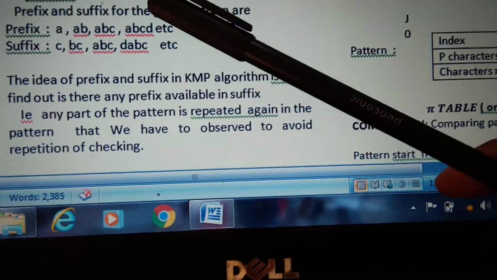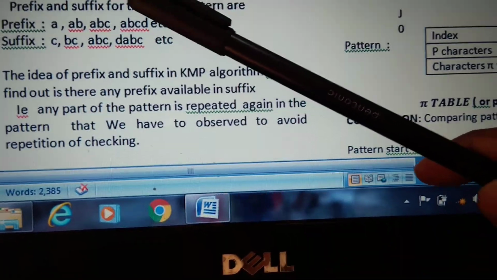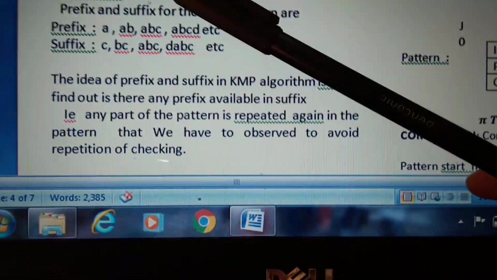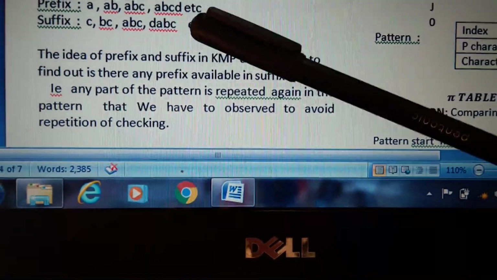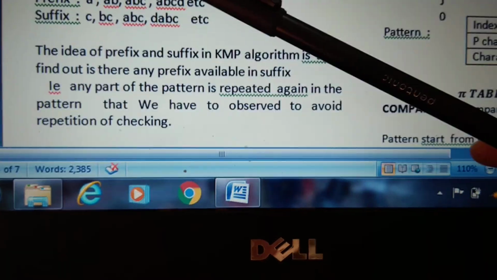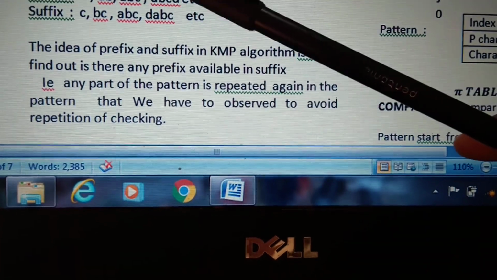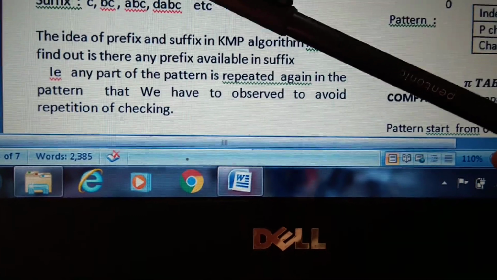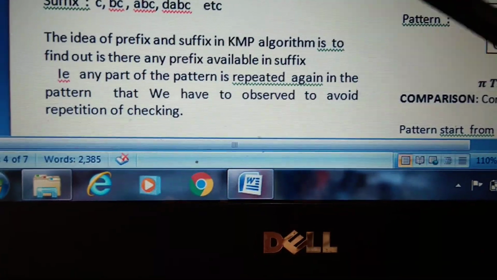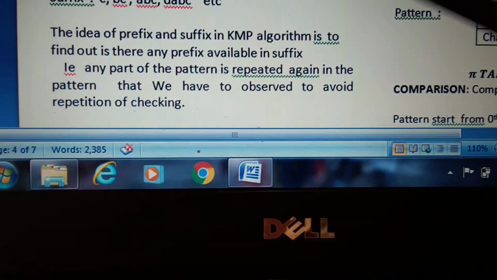Whenever ABC is repeated one more time, we need not check the repetition of this ABC. That is the concept of the KMP algorithm. If there are repeated letters in the pattern, for the repeated letters we need not verify the matching against the text. That is the main concept.